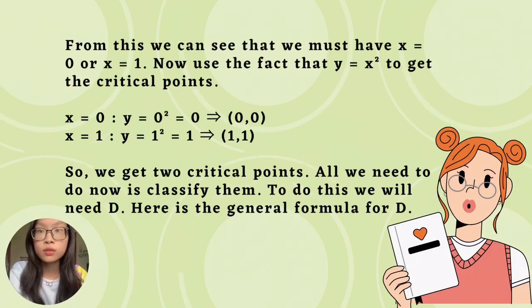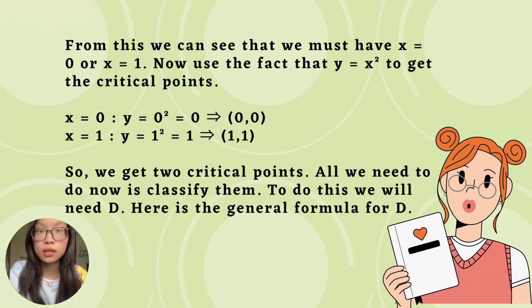When x equals 0, y equals 0 squared, which is 0, and we get the critical point (0,0). When x equals 1, y equals 1 squared, which is 1, and we get another critical point, which is (1,1). So we get 2 critical points.